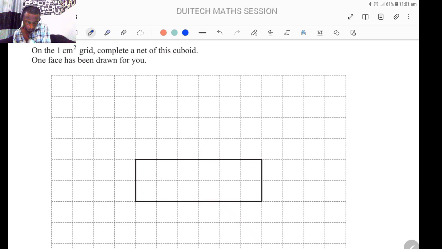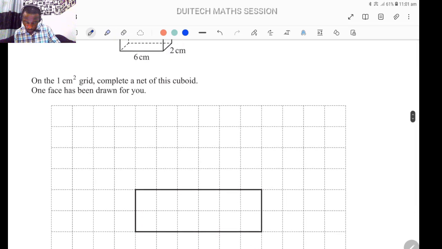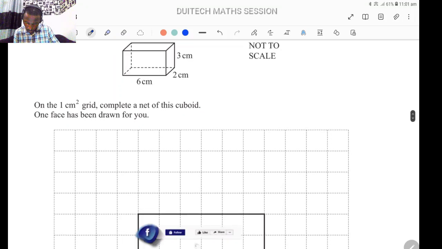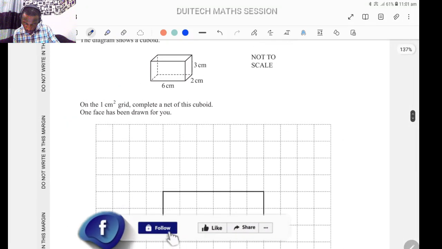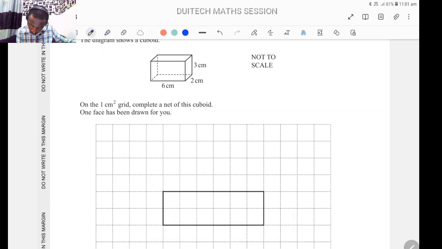This one has been given, with 3 centimeter here, and each unit is 1 centimeter. From here to here is 2 centimeter and this is 6 centimeter. So this has been given to us.